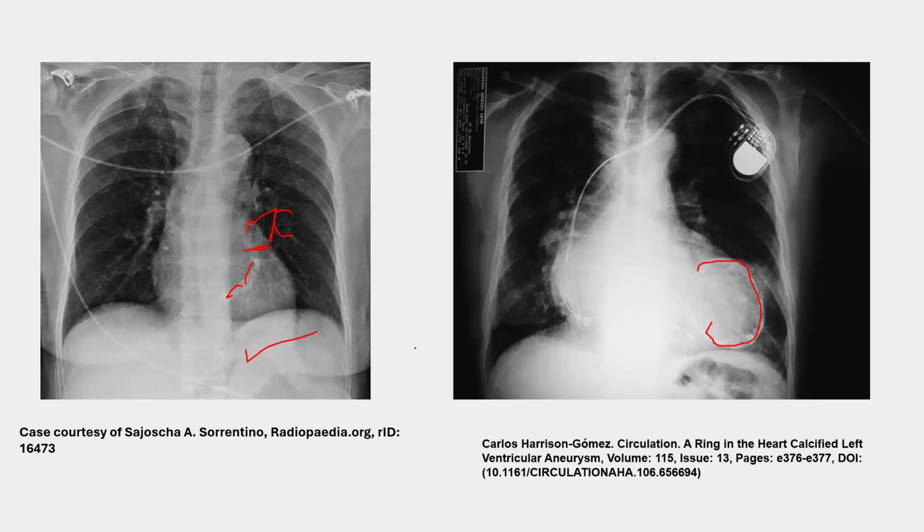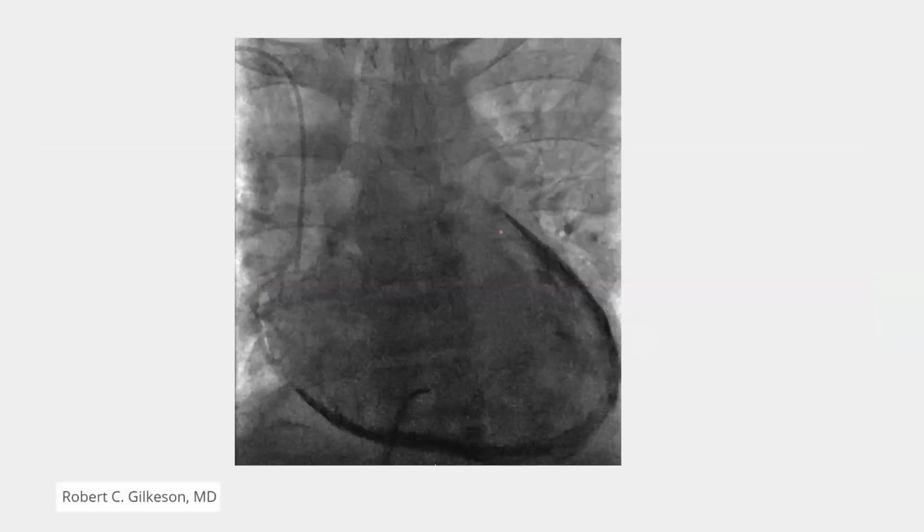on the heart. Okay? And this is pericardial calcification on fluoro. Yes, very dense calcification on fluoro. So you can see the calcification of the pericardium in chest X-ray, especially lateral chest X-ray.